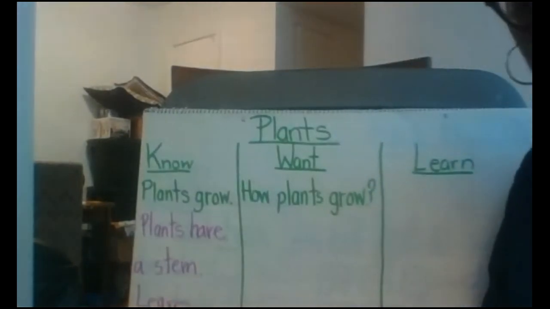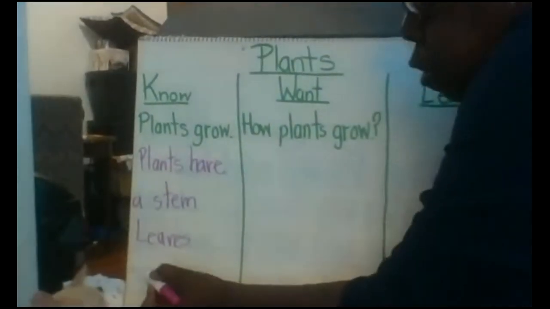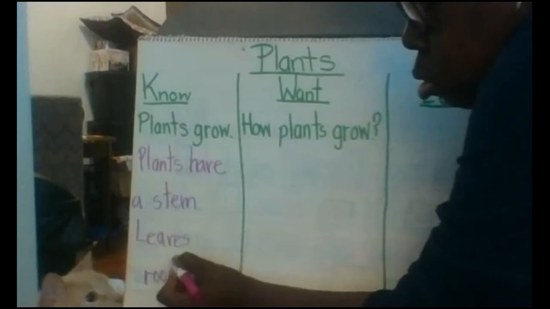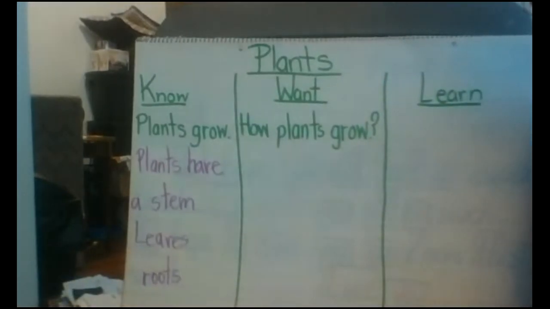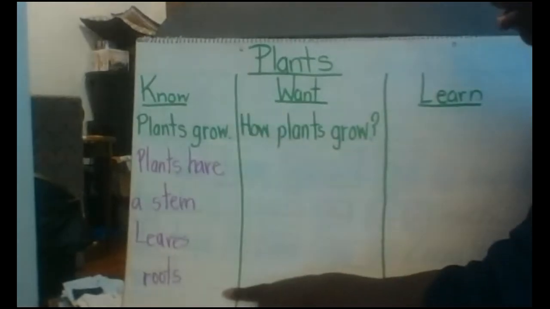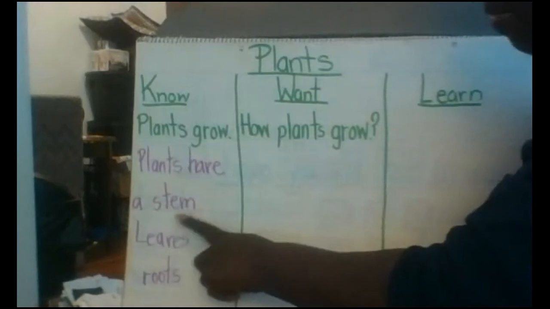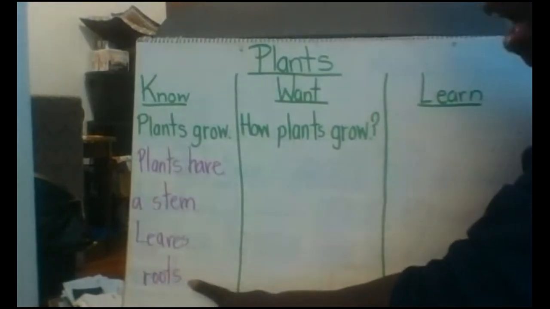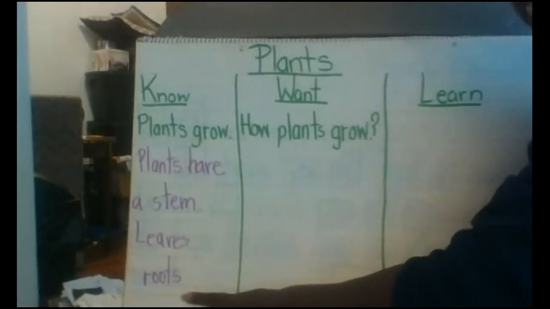What else do plants have? What else do they have? They have roots. So that could be how we fill in our chart. Okay, so plants grow. Plants have a stem. They have leaves. They have roots, right? So we already know that.